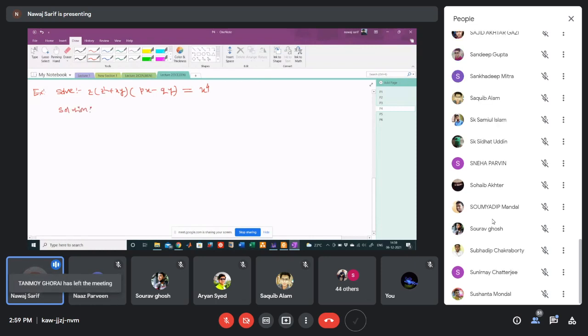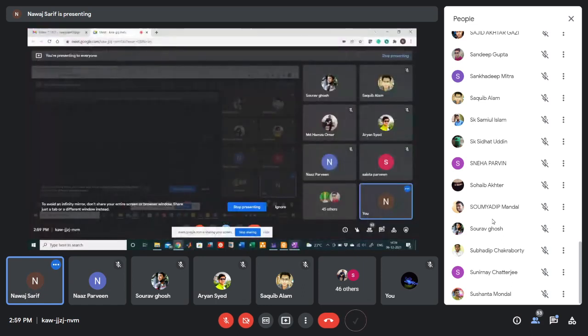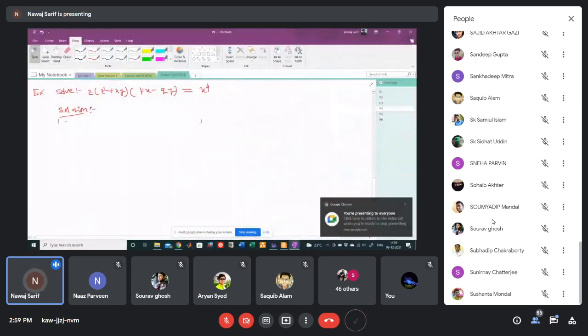Is this equation in standard form? This is not in standard form. So first of all, you have to write this in standard form.